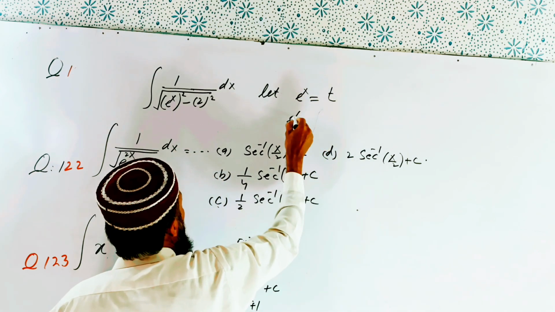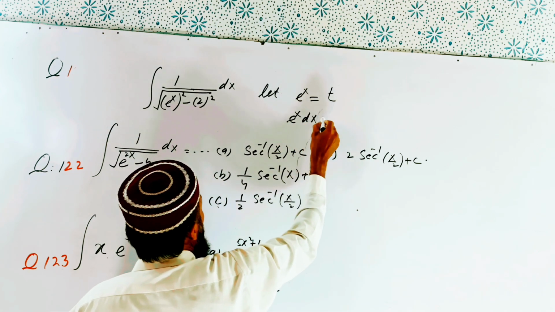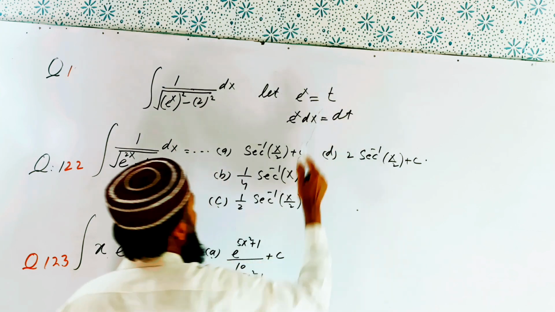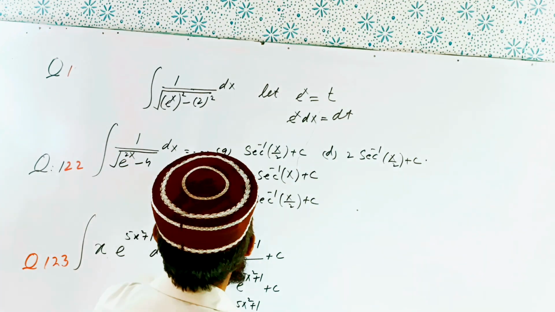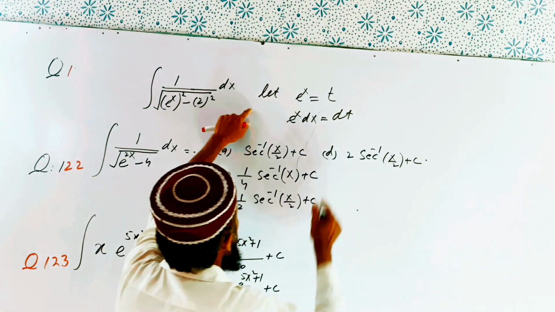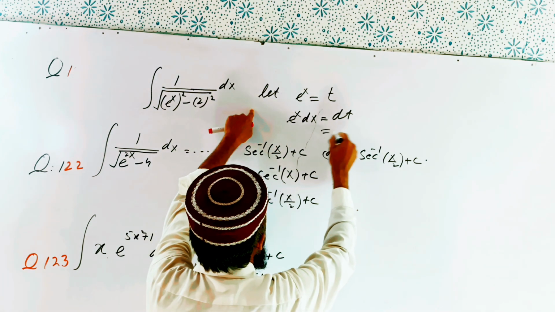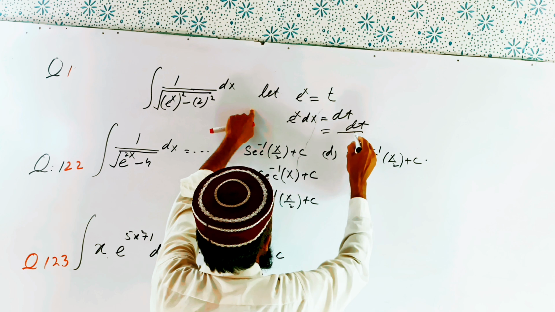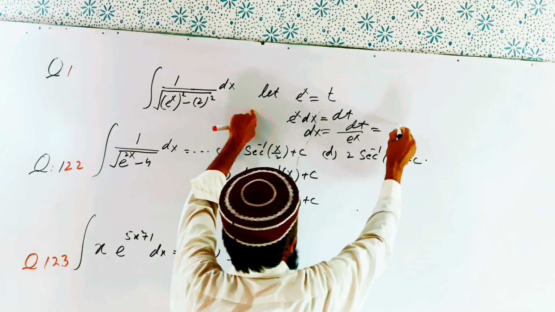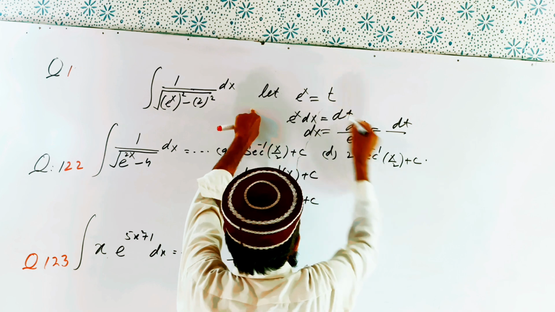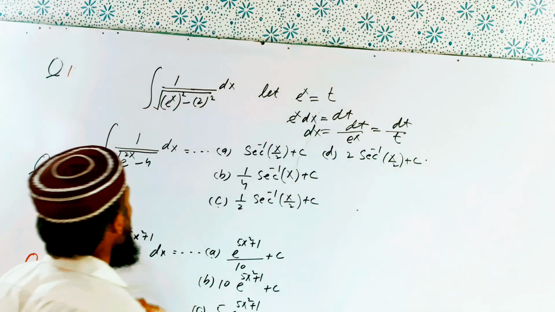If we differentiate with respect to x, the derivative of e power x is e power x, dx. Now here dx is available. We change this result to dt divided by e power x. We know that e power x is equal to t. So we get this result for dx.